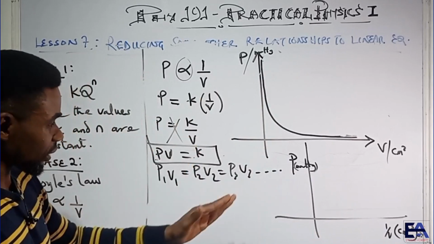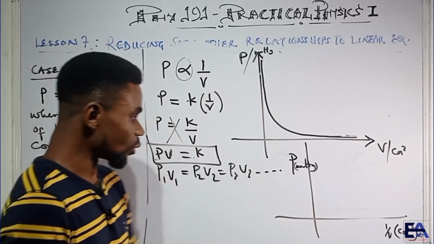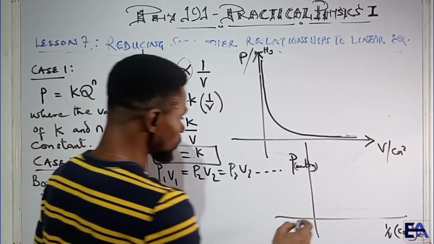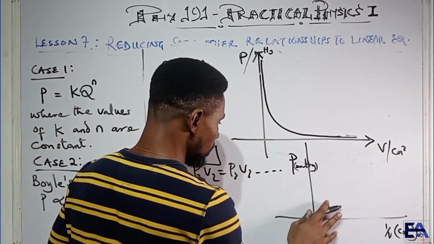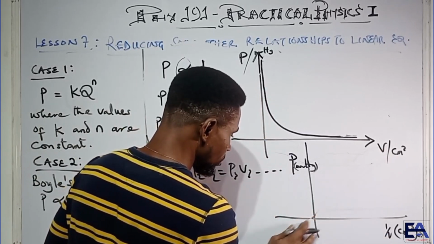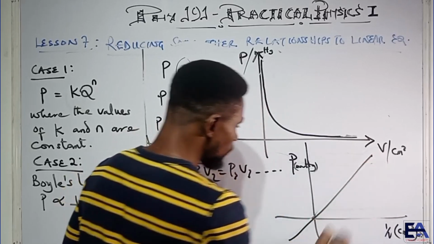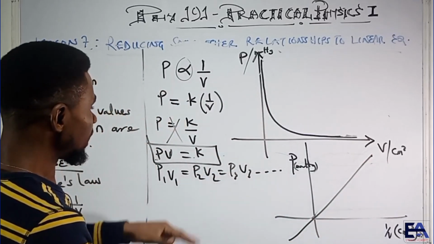So if you plot the graph of P against this, experiments show that you are going to have a straight line graph that passes through the origin, because from the look of the equation, there is no intercept.